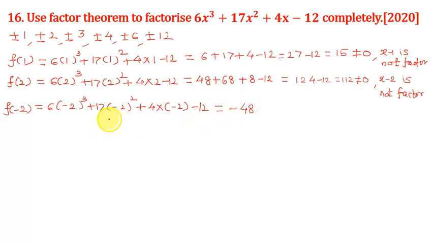Next, minus 2 square is 4, 4 into 17, that is 68. Next is minus 8 and minus 12. Hence minus 48 plus 68 is 20, minus 8 minus 12 is minus 20, and that equals 0. And hence x plus 2 is a factor.